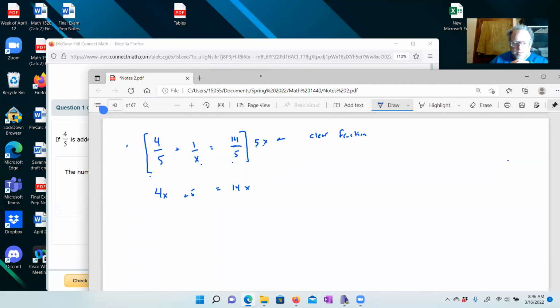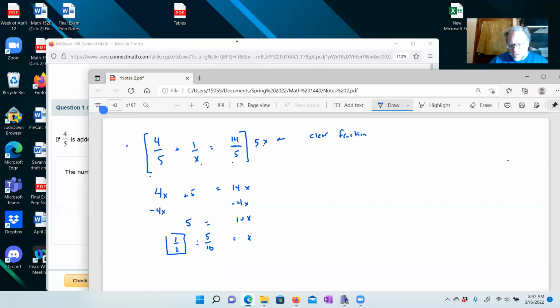Okay, so we have 4x plus 5 equals 14x. Let's subtract 4x from both sides. So we get 5 is equal to 10x. Then x equals 5 tenths, or 1/2.